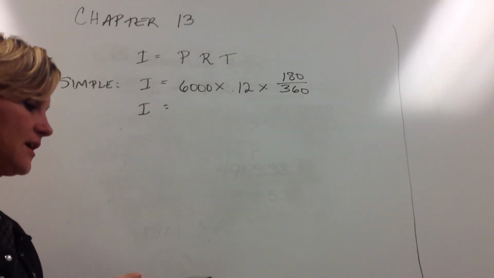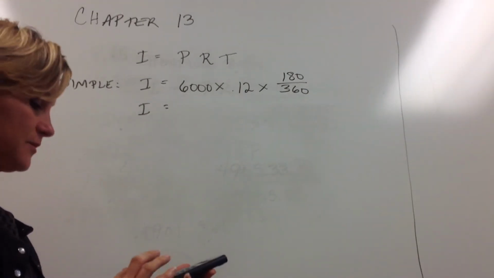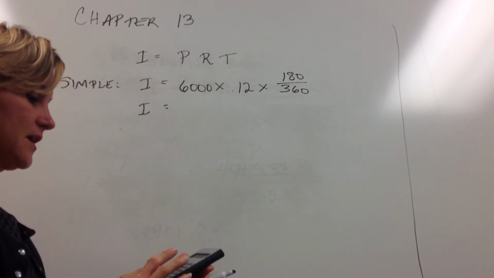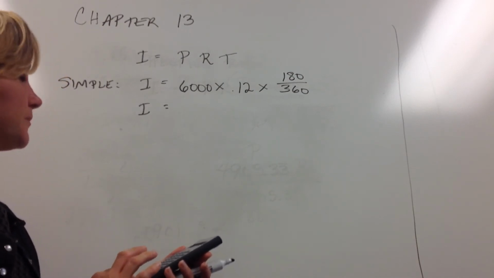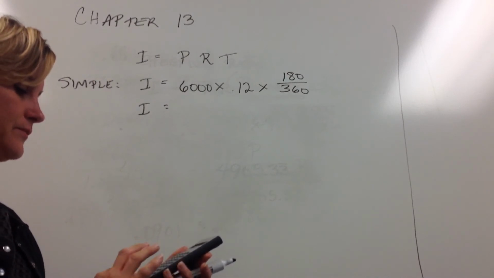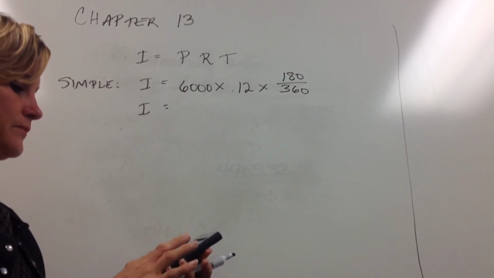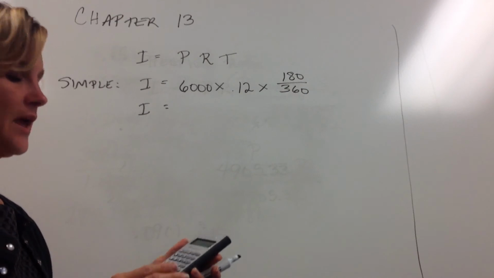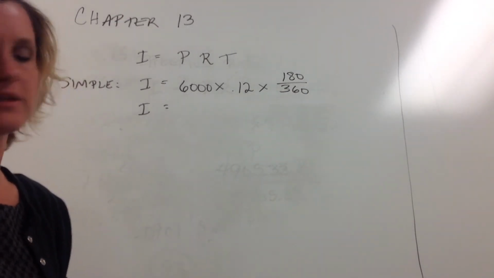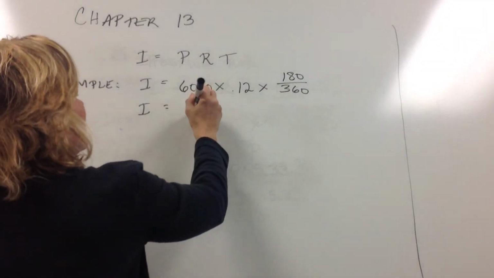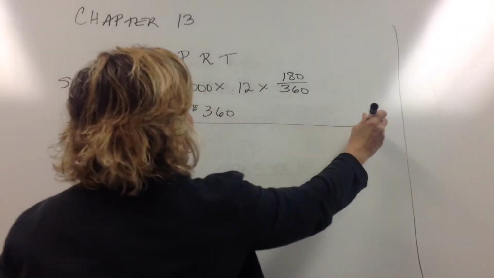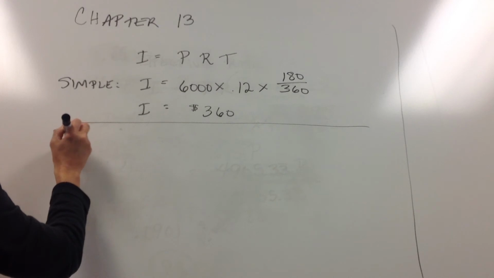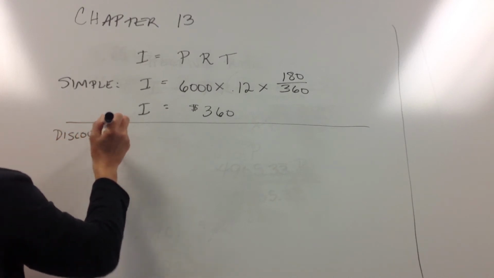Okay, so 6,000 times 12% times 180 divided by 360. That gives me $360 in interest.